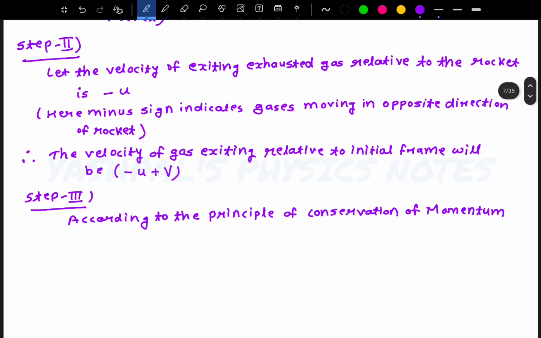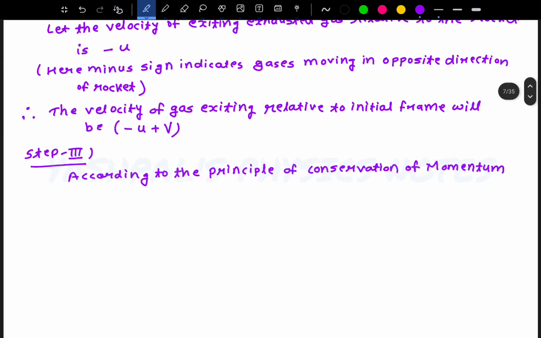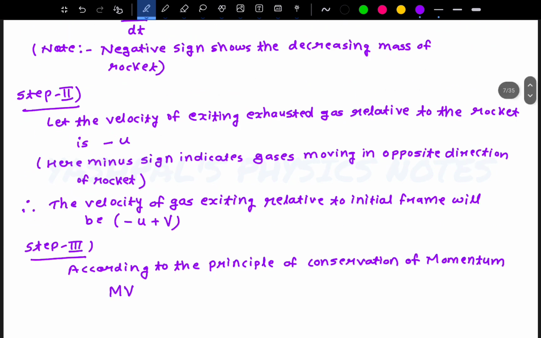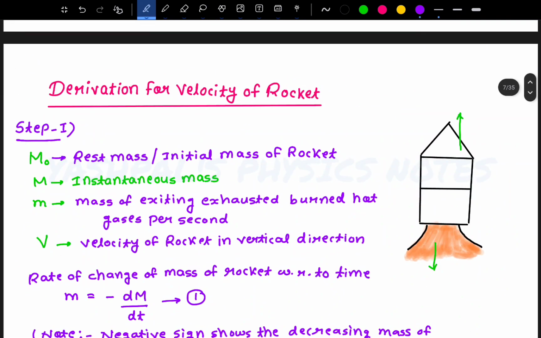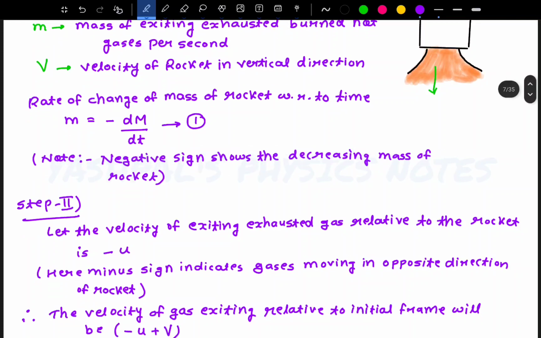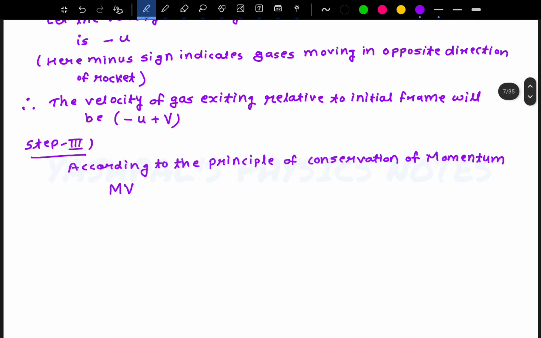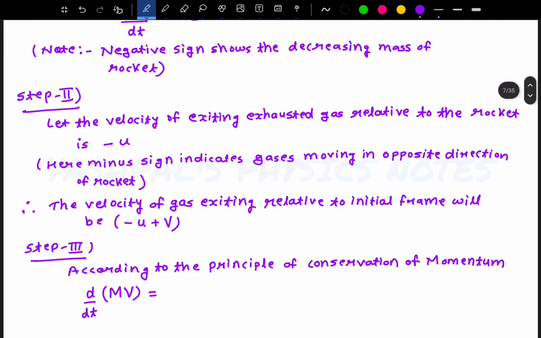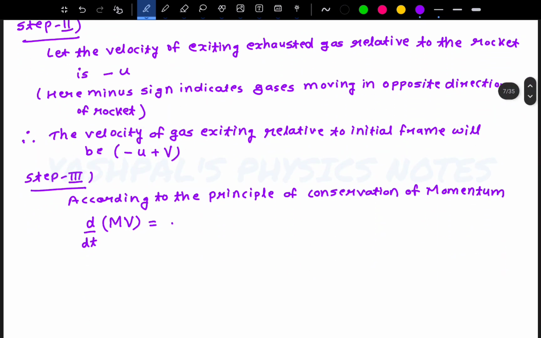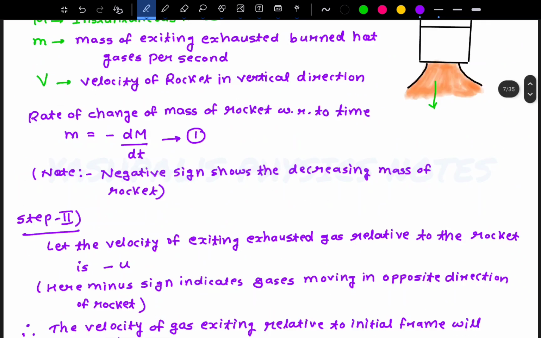Now according to principle of conservation of momentum, here I can write mv, where m is the instantaneous mass which is changing and v is the velocity. That's why I am writing here d by dt, since it is changing with respect to time, which will be equals to, here I am writing mass small m.